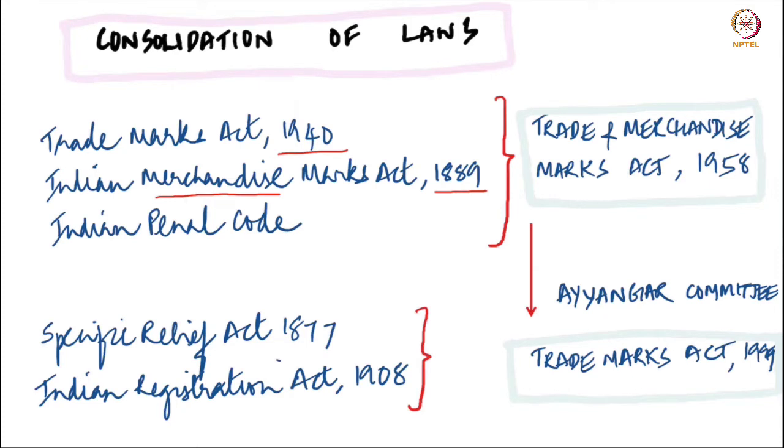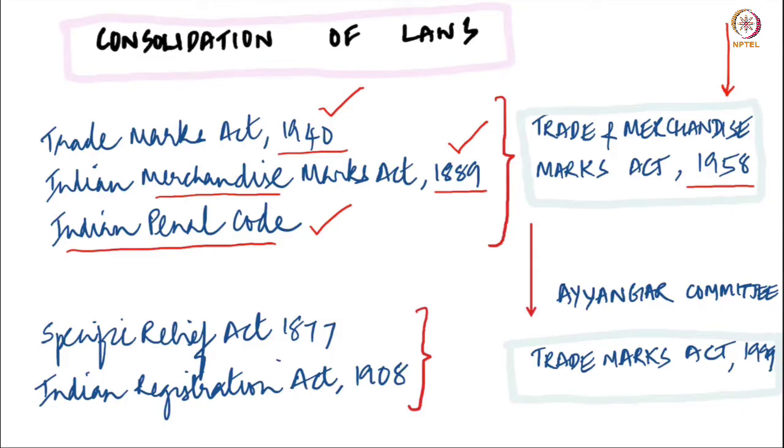And as we have just mentioned, we had provisions of the Indian Penal Code. Now, all these three acts or provisions were replaced when the Trade and Merchandise Marks Act was enacted in 1958. So 1958 was the first act passed by independent India, and it replaced the 1940 Act, the 1889 Act, and some provisions of the Indian Penal Code.